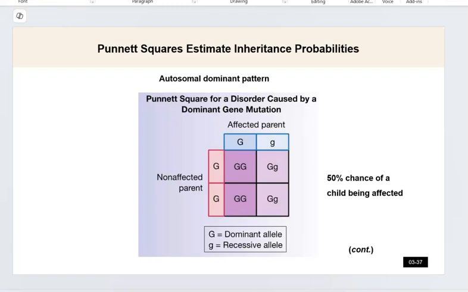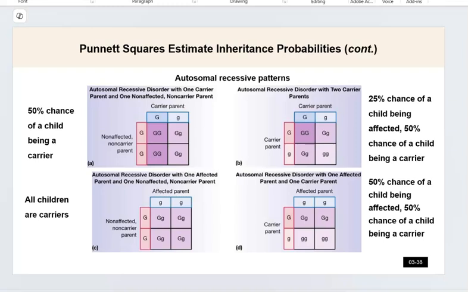Then we have that Punnett square estimate, right? So if you had a non-affected parent had the G and the G, so they had two dominant alleles, but the affected parent had the recessive allele. If they had children together, they'd have a 50% chance of the child being affected.